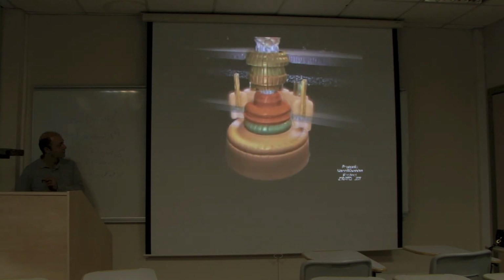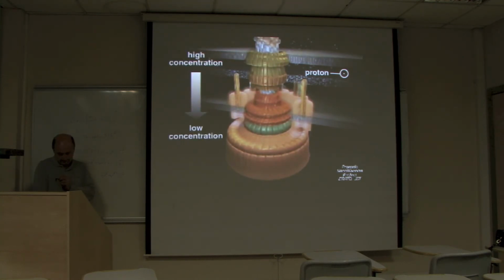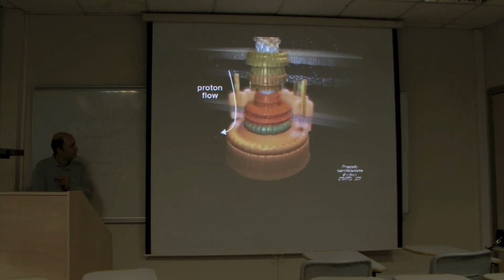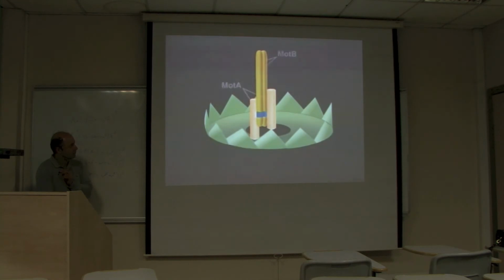The motor derives its power from a proton gradient across the membrane. In this example, a high concentration of protons exists outside, and a low concentration exists inside the cell. The protons flow through the interface between two types of proteins, called MotA and MotB, that make up the stator. Mutational studies suggest that a conserved aspartic acid in MotB functions in proton conductance. Each stator contains two MotB proteins, and therefore also contains two of these important aspartic acids.